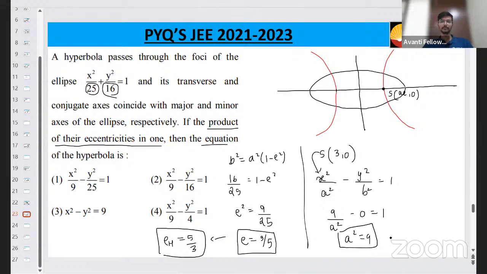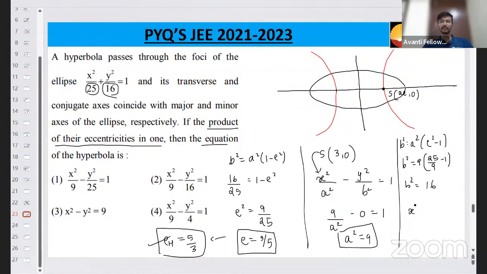So simple calculation. Now, to get b², we use the formula b² = a²(e² − 1). So b² = 9 times, what is e²? 25/9, the hyperbola's, minus 1. So it will be 25 − 9, which is 16. So b² is 16.